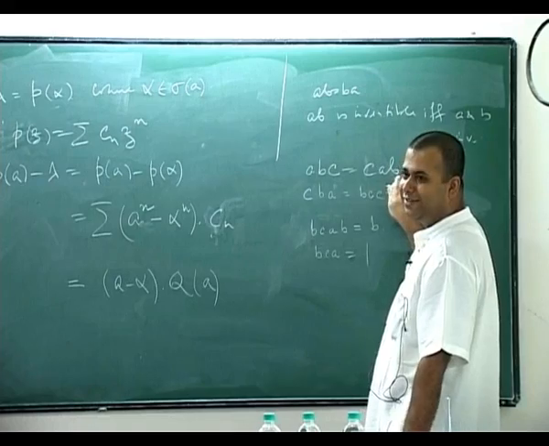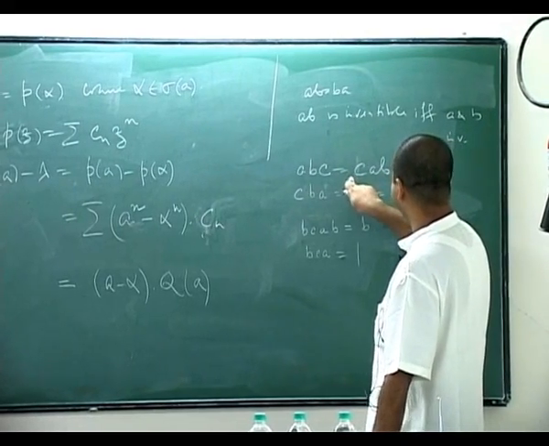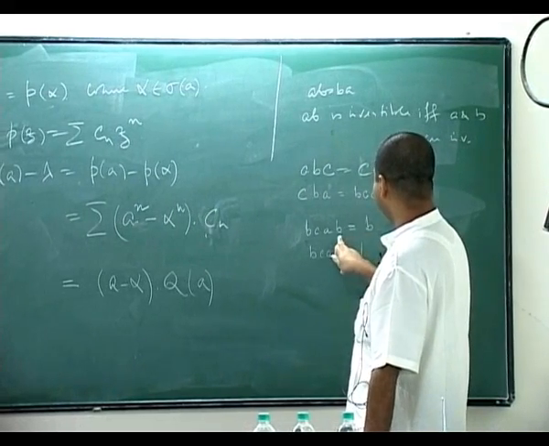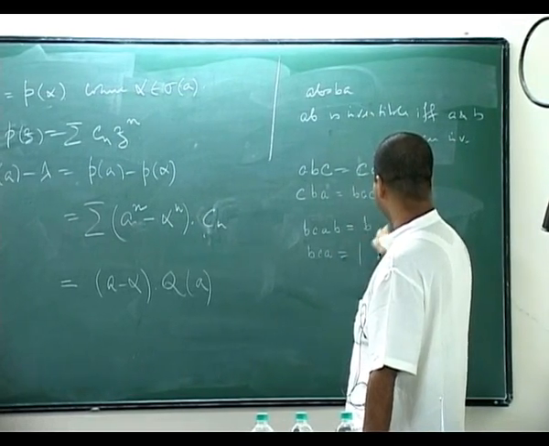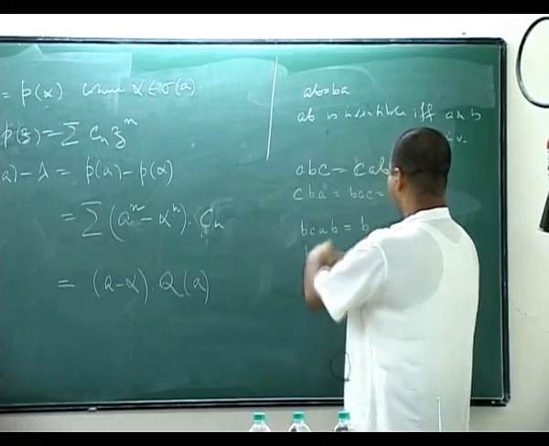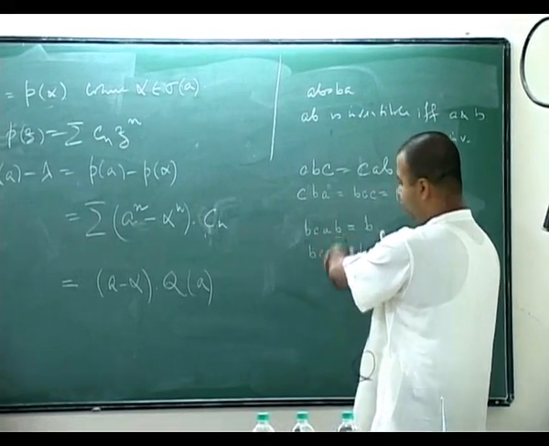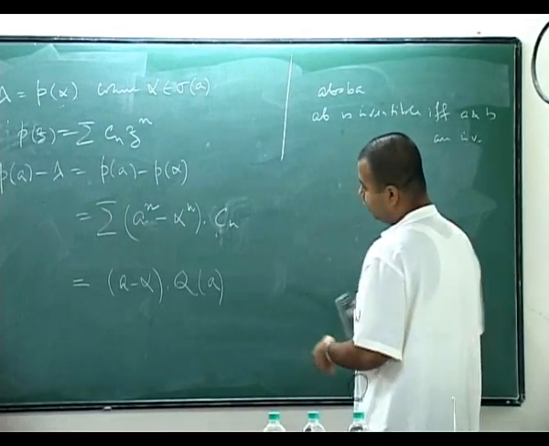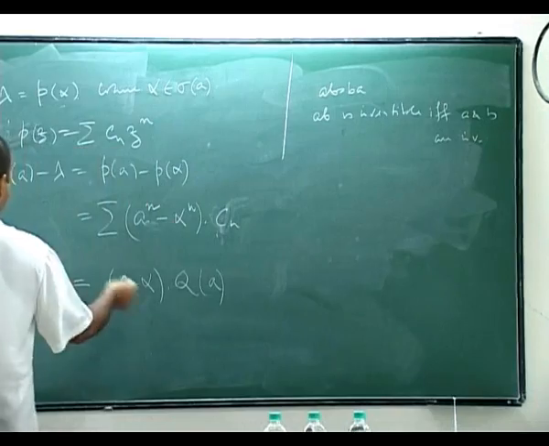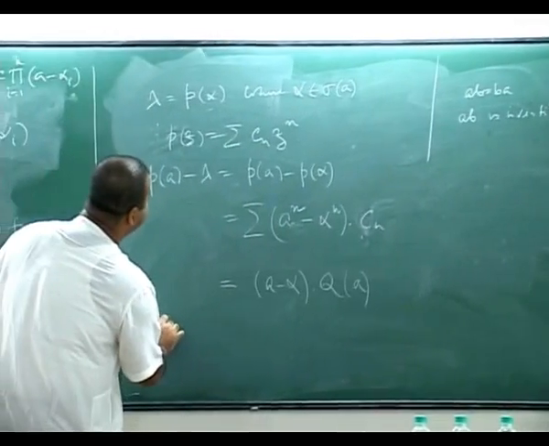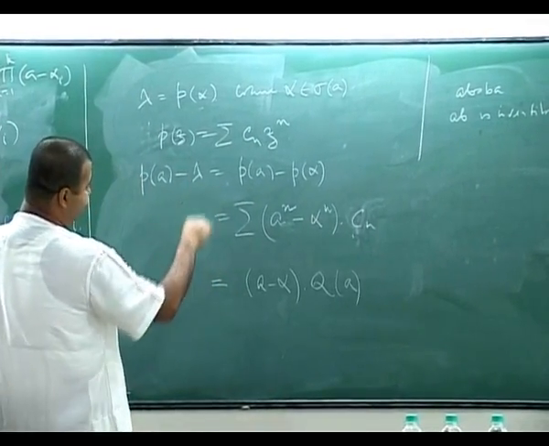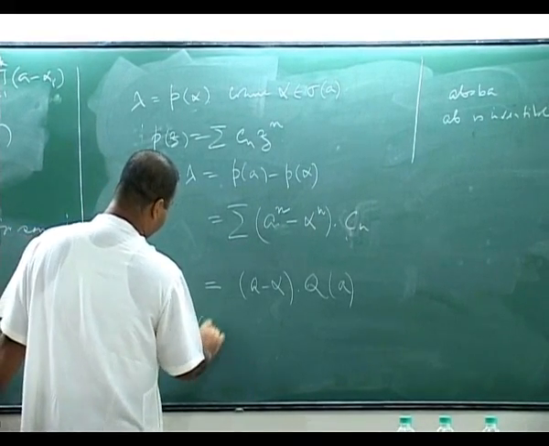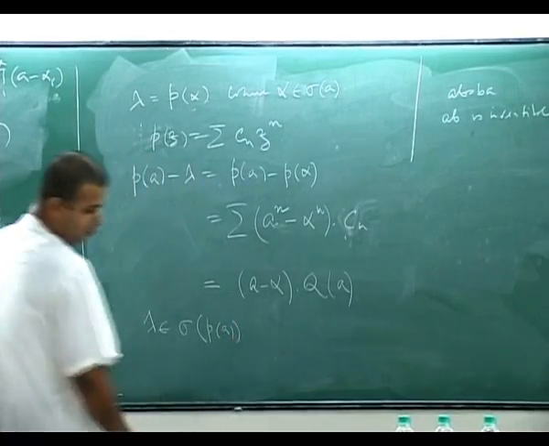It is a triviality. You multiply this by B from this side, it is B, and now you multiply by AC from this side, it is BAC, it cancels because BAC is 1 and this side BAC is 1. So it says BCA is equal to 1. Anyway, this implies lambda is in the spectrum of P(A).